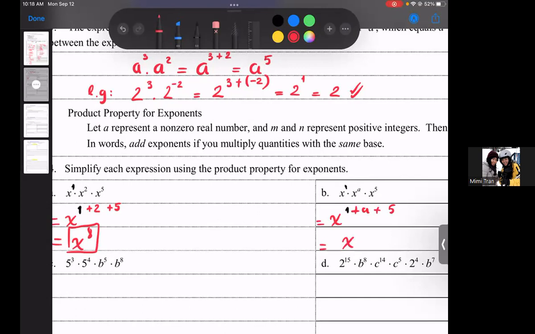Good, very good. X to the what? A plus 6. We write the letter first, so A plus 6. Combine like terms, right? The 1 with the 5 is 6. A is kind of different, so we just leave it as is.